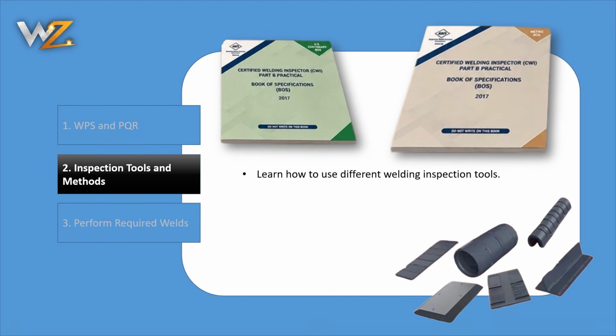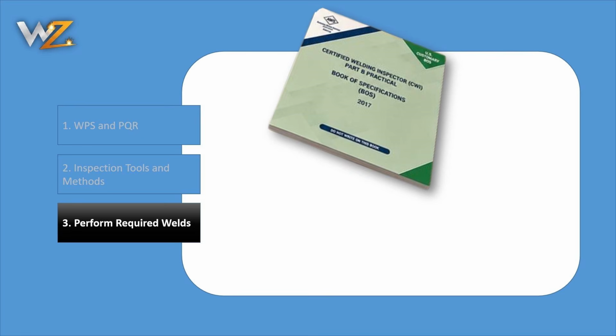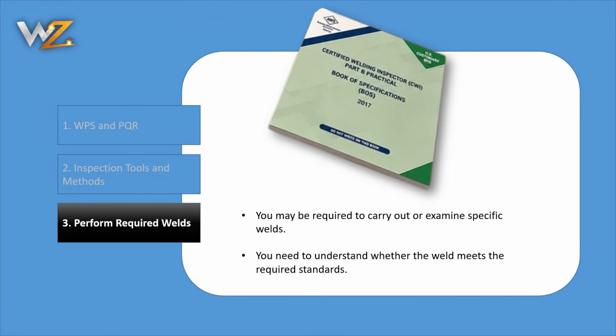Learn how to use different welding inspection tools. You will check welds for defects, measurements, and other requirements. 3. Perform required welds. You may be required to carry out or examine specific welds. You need to understand whether the weld meets the required standard.